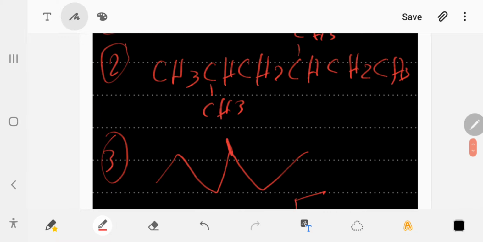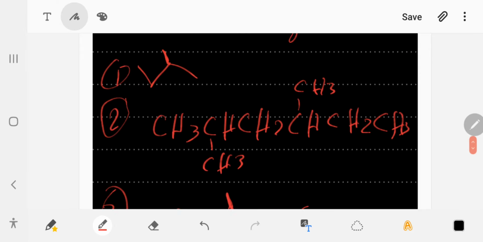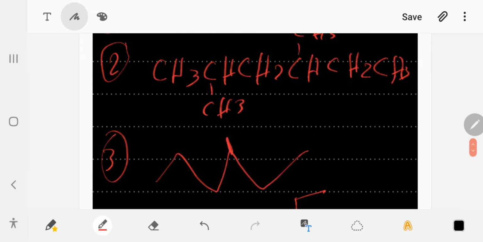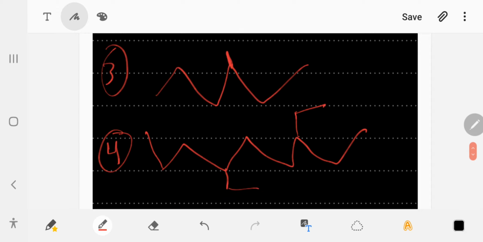Four compounds. I hope guys you solve them and submit the names on the platform.